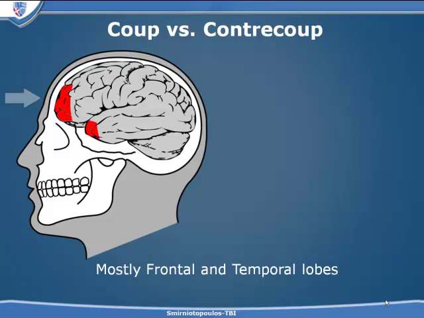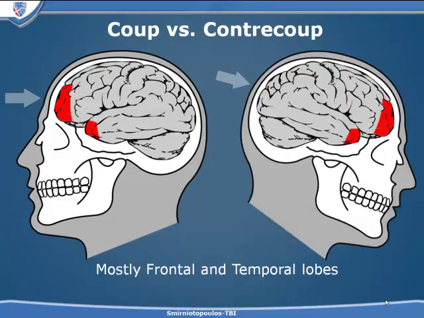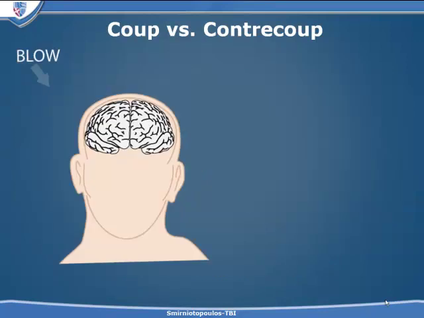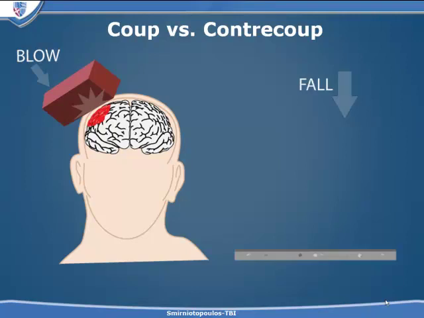If we hit the patient in the front, we will typically see contusions or bruising involving the temporal tips and the frontal poles. If the patient is struck on the back of the head, we will also see typically contusions involving the temporal tips and the frontal poles. Classically, we understand that a coup contusion occurs when a moving object strikes the surface of the skull and the force is transmitted directly through the bone to the underlying brain.